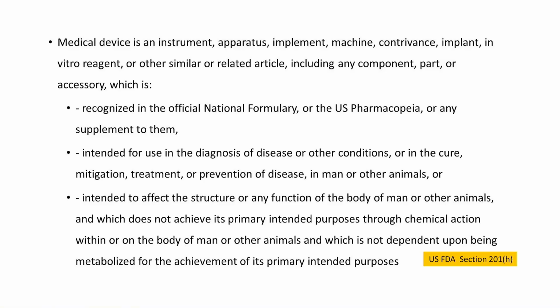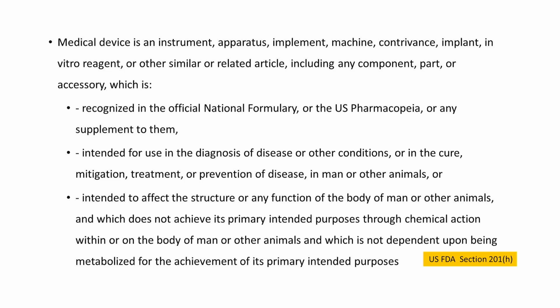So getting a little bit into the medical device, because this defines a category which often gets in touch with the soft tissues and the hard tissues, right? It's an instrument, an apparatus, a machine, contrivance, implant, in vitro reagent or other similar or related article, including any component, part, or accessory.